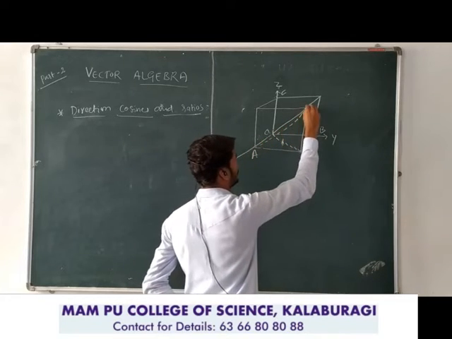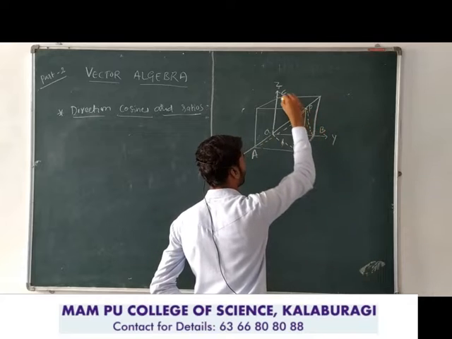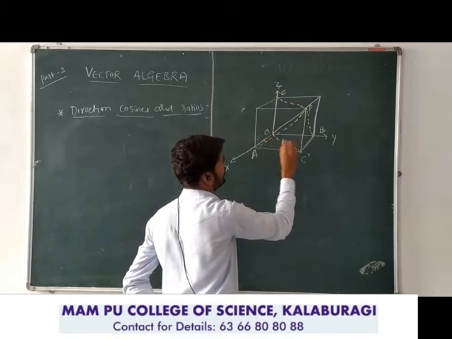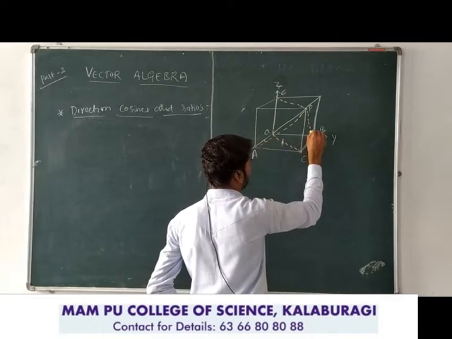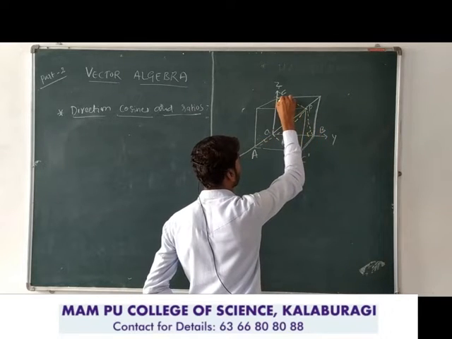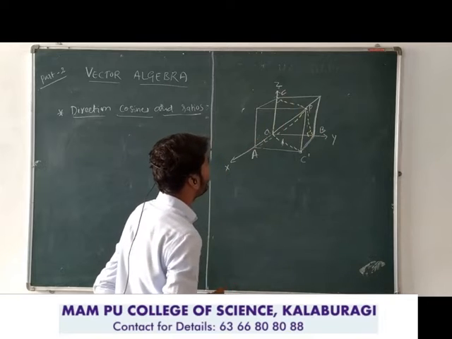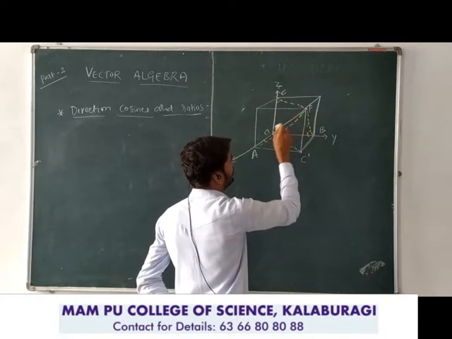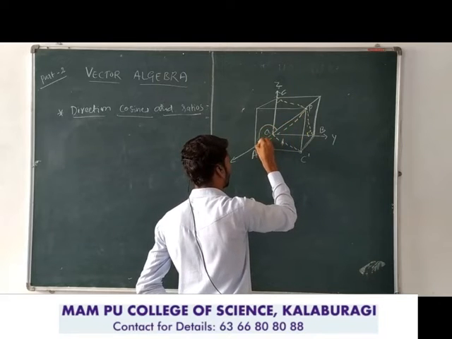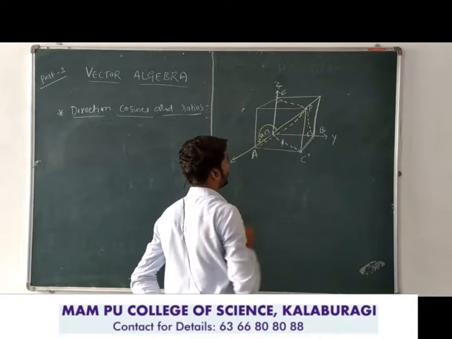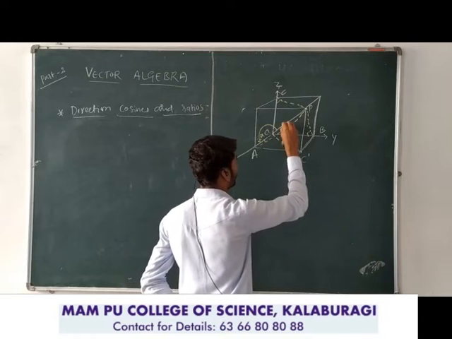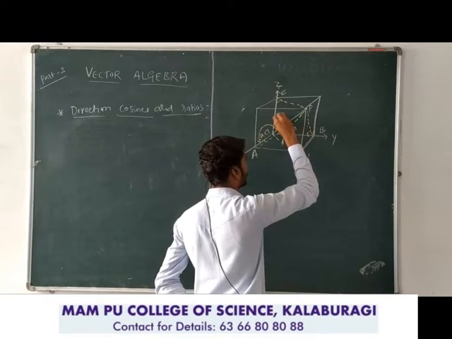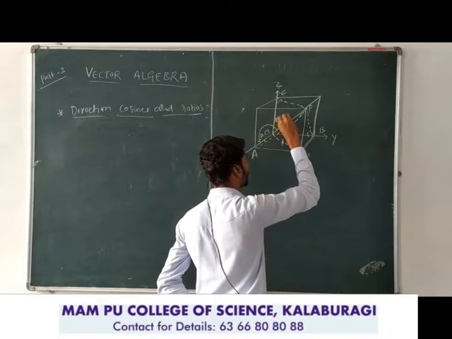This one, this one and this one. Here this angle is 90 degrees, this is also 90 degrees, this is also 90 degrees, and here this is the origin, and definitely P. From P, this is alpha, this is beta, and this one is gamma.